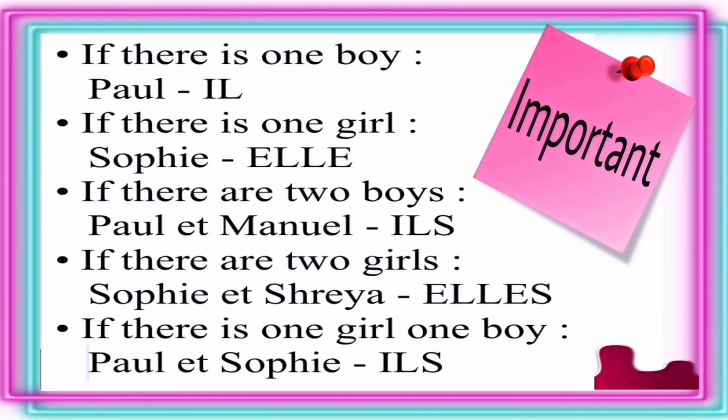Similarly, if there are two girls, then use elles plural. Now pay attention here in the last one. If there is one boy and one girl, then we will conjugate the verb with ils plural.